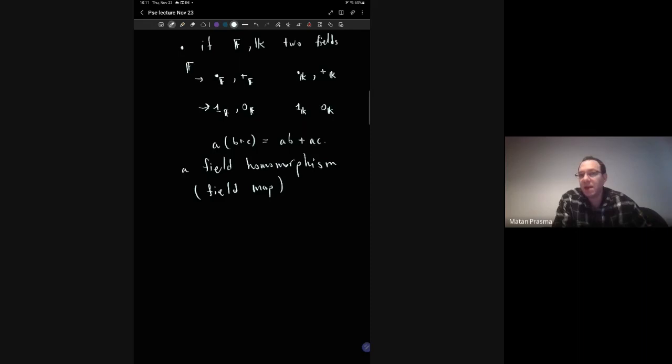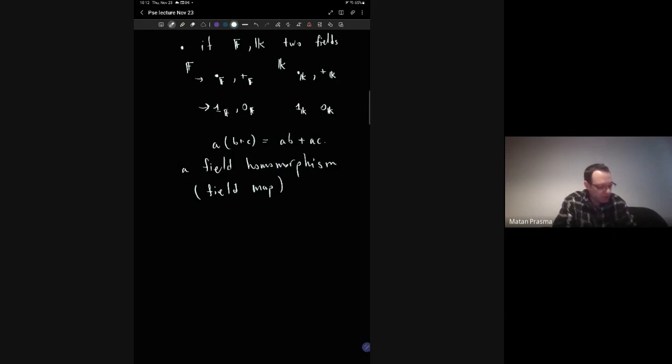So it's like data plus conditions. And what you want in the notion of a map between two instances of these structures is something that is compatible with the data.